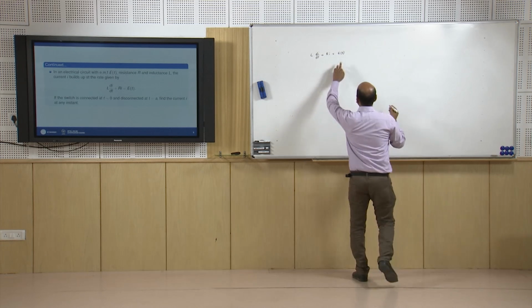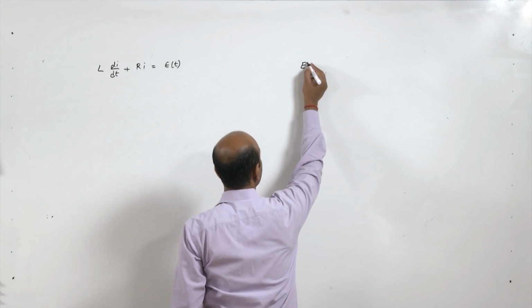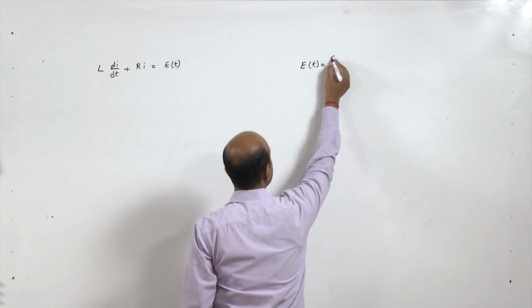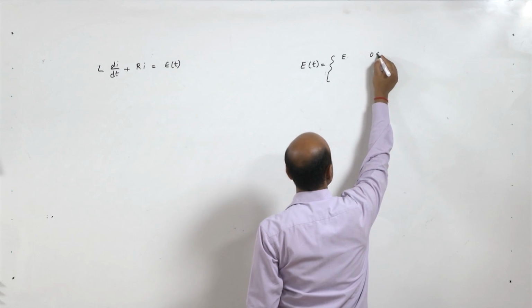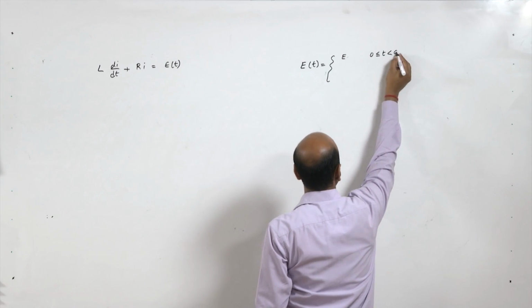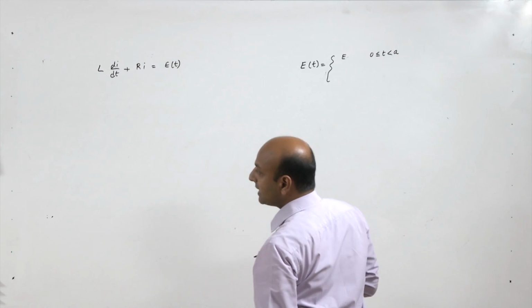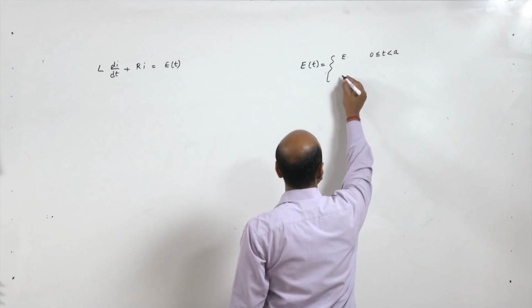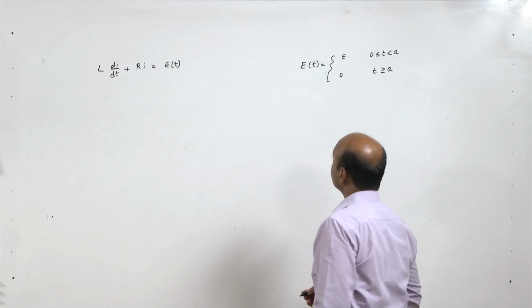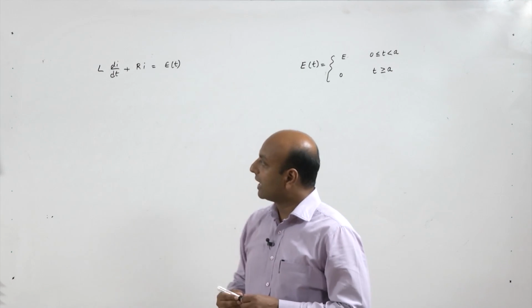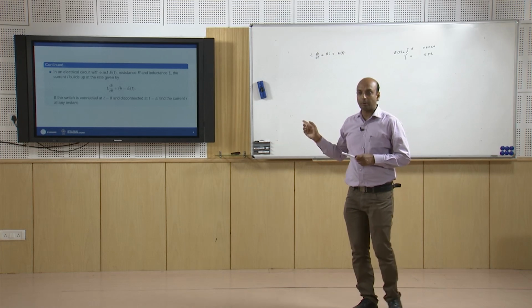That the electromotive force, which is Et, is some constant quantity, say E, when t varies from 0 to A, and disconnected at t equal to A means it is 0 when t is greater than or equal to A. So, this is how the electromotive force works for this particular problem.